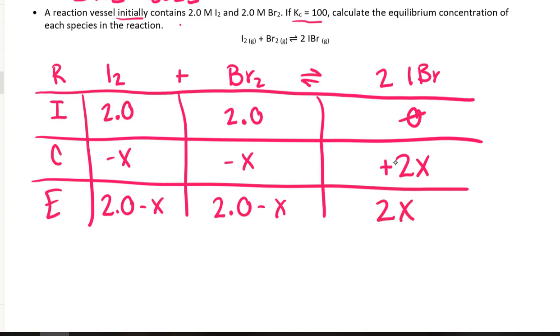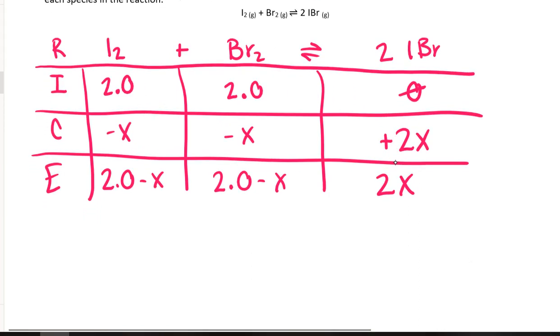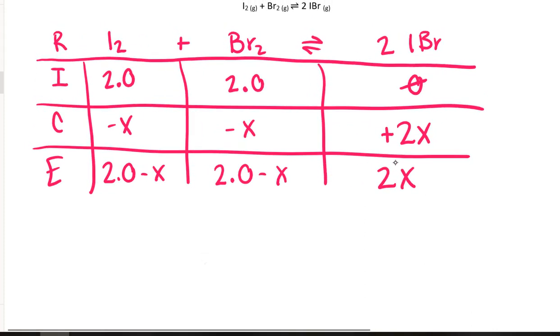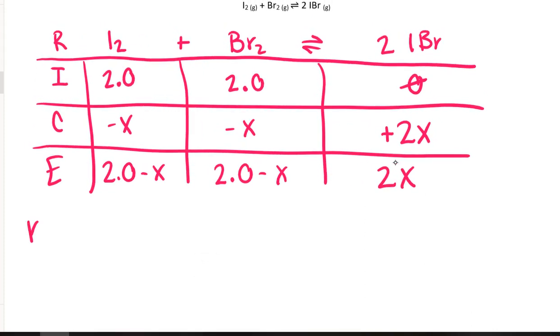So now, this is normally where we would solve for x, but I don't have the equilibrium concentration of any of the species in my reaction, so I can't solve for x. But what I can do is write my equilibrium expression based on my balanced reaction. So products over reactants, each raised to the power equal to its coefficient.